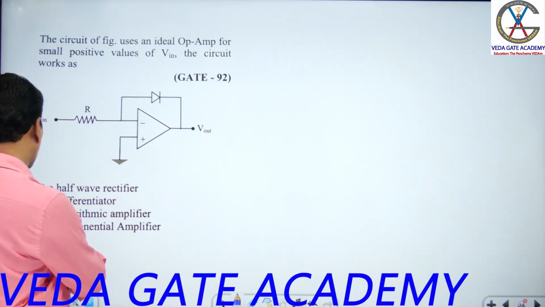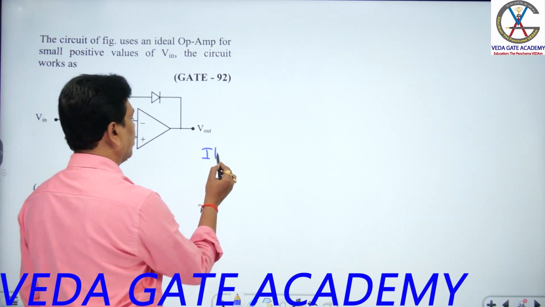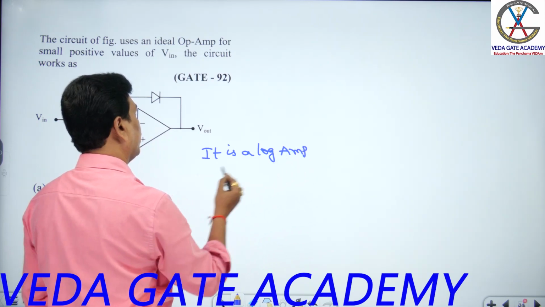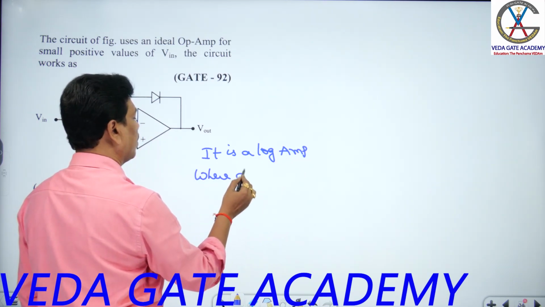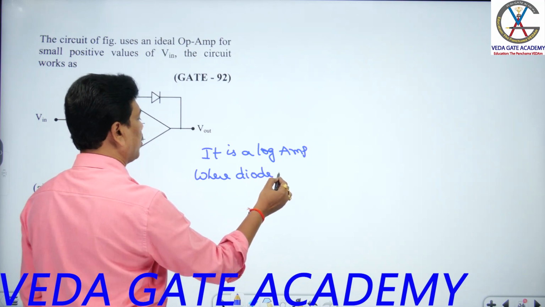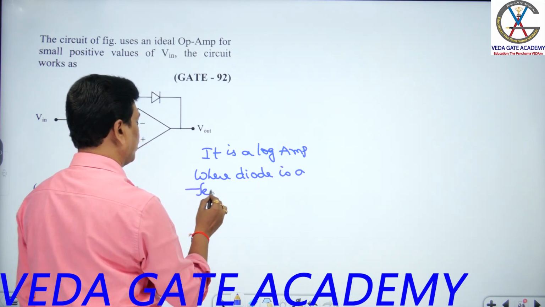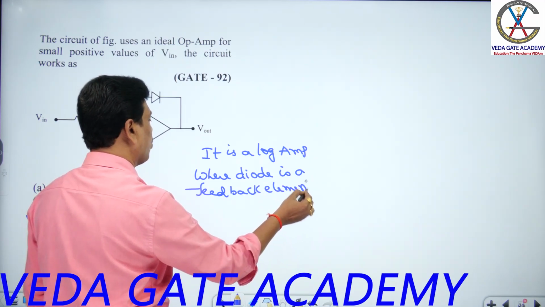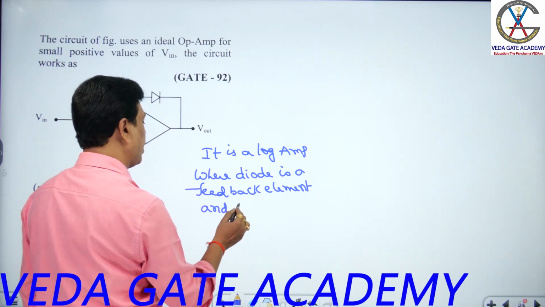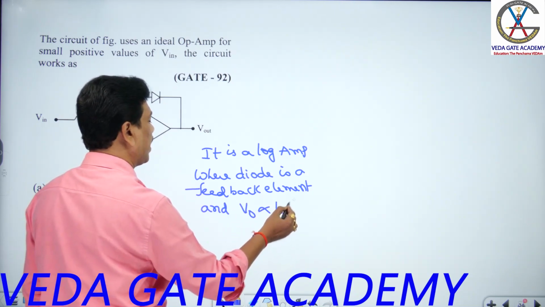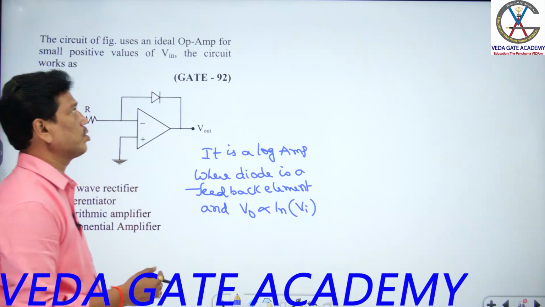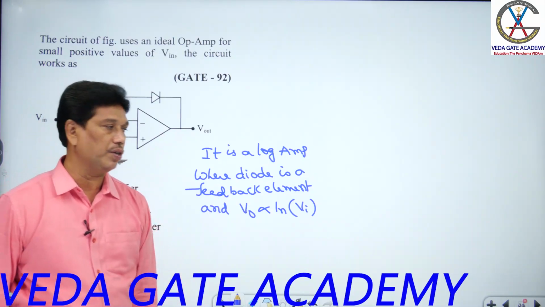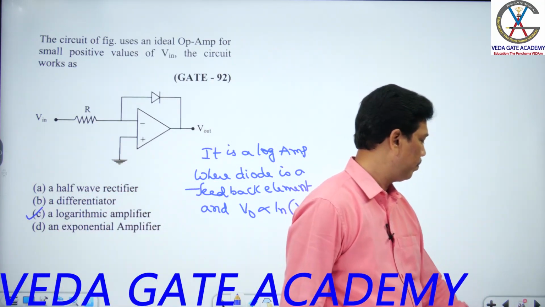So the answer is a log amplifier, and you derived that V naught is proportional to ln of the input voltage, the natural logarithm of the input voltage. Answer is C, logarithmic amplifier. Right? Check out the next question, students.